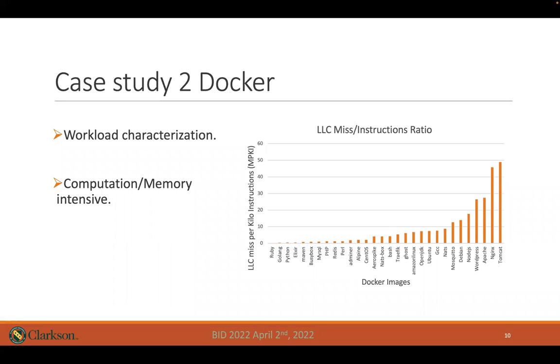From the graph, we can see that the interpreter Docker images, such as Ruby, Golang, and Python, have very low MPKI, less than 1 on average. They can be categorized as computation-intensive programs.